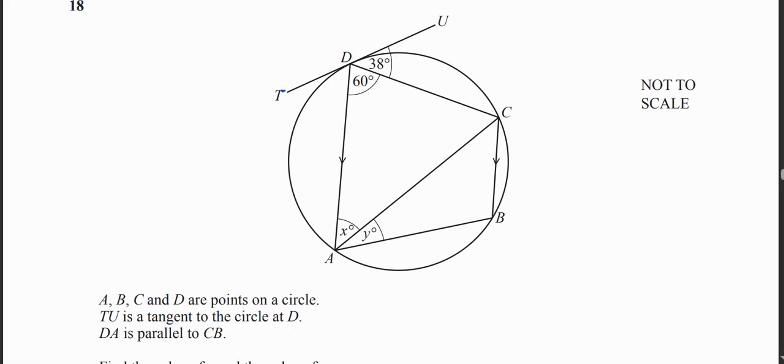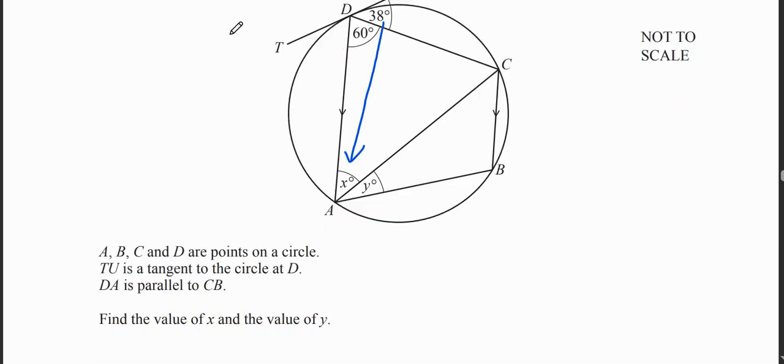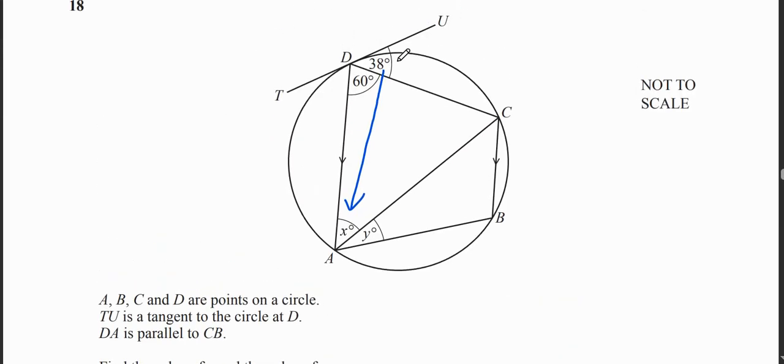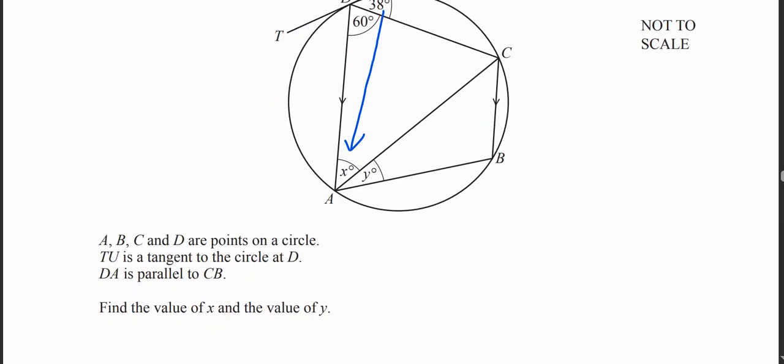First of all, since this line is tangent, and this point is 38, look, alternate angles. For example, this is also going to be 38. So the value of X is going to be 38, because of the tangent angle, alternate segment. So this is the first point.